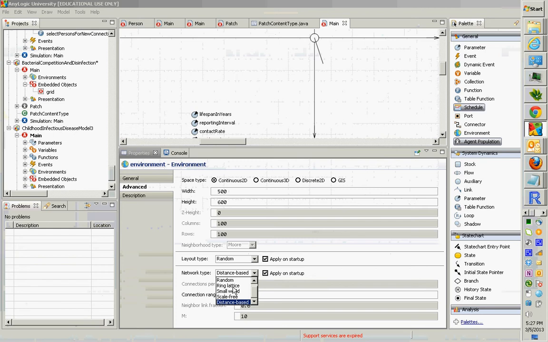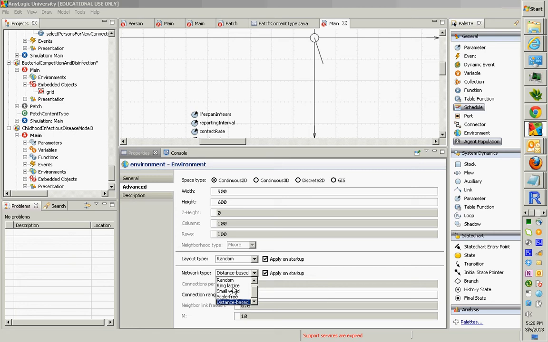What it will probably do, I'm just thinking what I would do algorithmically, I would number each person in the population from 0 to n minus 1, and then I would connect person i to i plus 1 mod n and to i minus 1 mod n. So 0 will be connected to 1 and to n minus 1, etc. Boom, done. Does that make sense? Is there a way to control that?